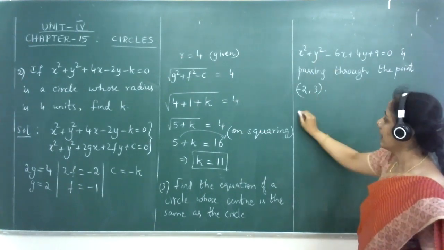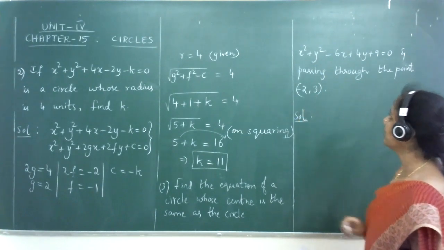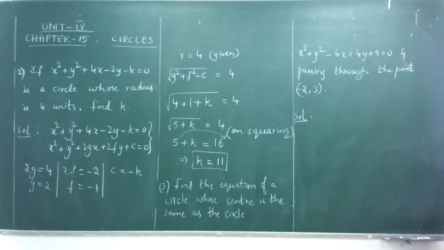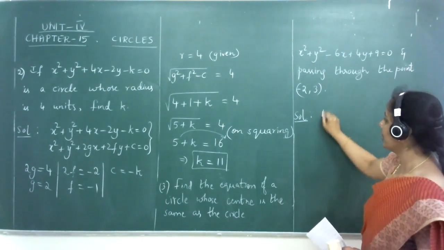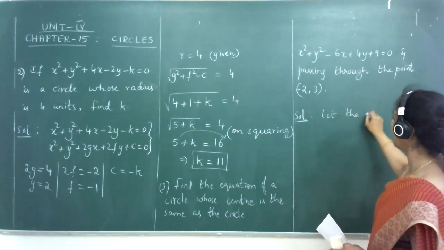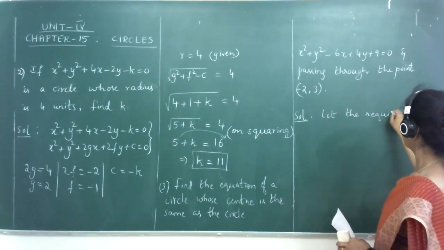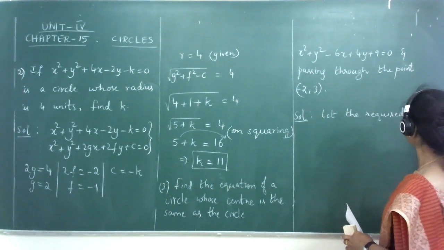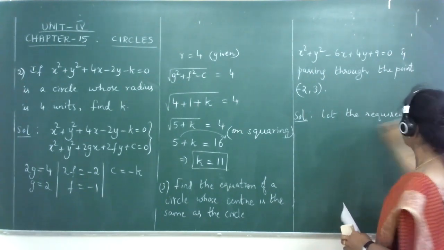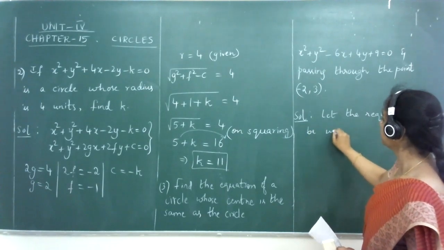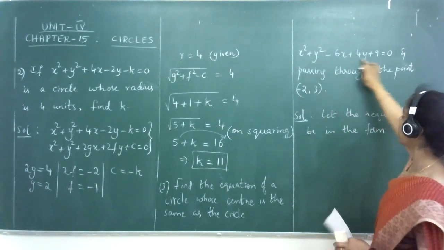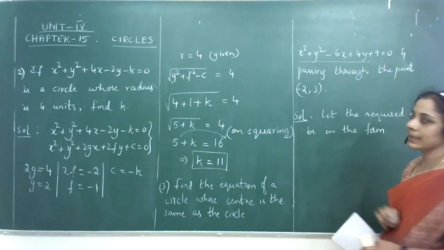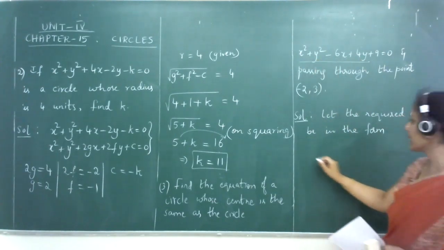We have the given equation as x squared plus y squared minus 6x plus 4y plus 9 equal to 0. Now what will be the required equation? Let the required equation of the circle be in the form: we are not changing the first 4 terms of the given circle, we change only the constant.